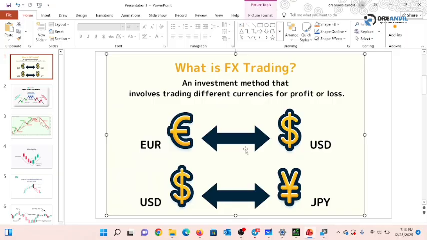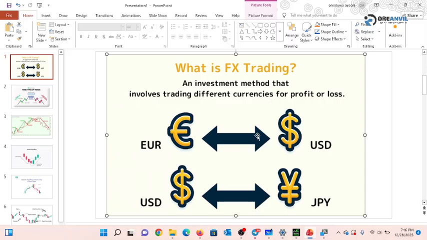So we can see that this country has a currency called euro, and this country has a currency called United States dollars. So when you join these two currencies together, you have what we call a currency pair.